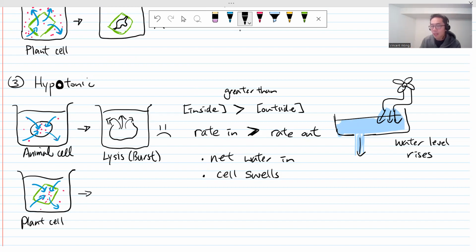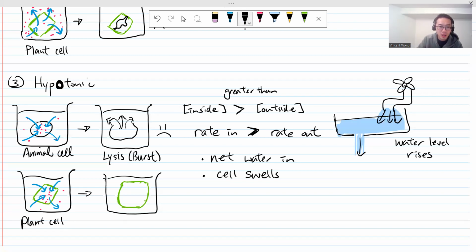You think the plant cell will burst as well? No. Why not? Because of the cell wall. That's right, because it has the cell wall, right? So the plant is absolutely loving it. It's gonna be very, very puffy, right?